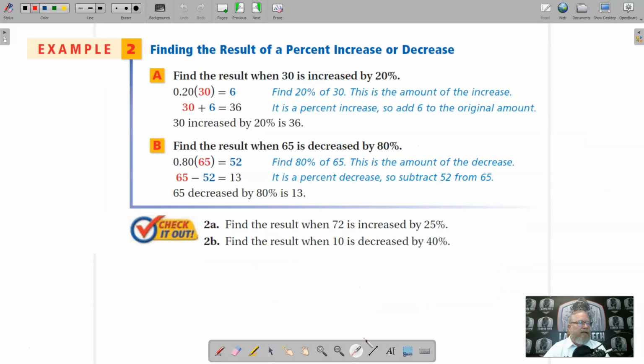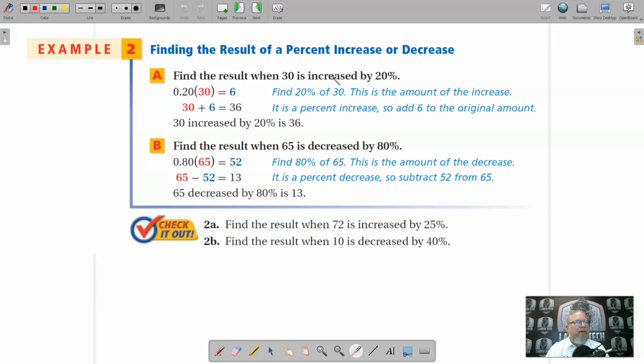Looking at our next slide here, we have example number 2, finding the result of a percent increase or decrease. So it says find the result when 30 is increased by 20%. So we want 20% of 30, right? So 20% as a decimal is 0.20 times 30. Remember, of means to multiply.